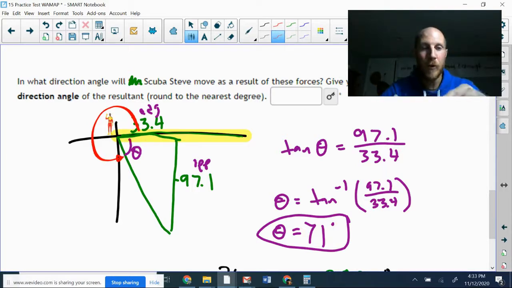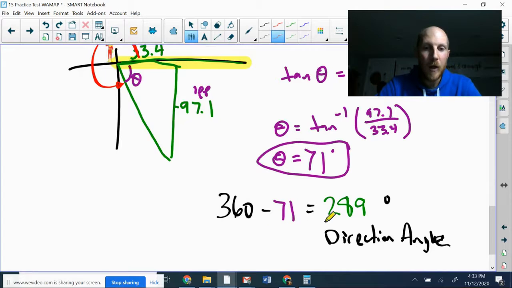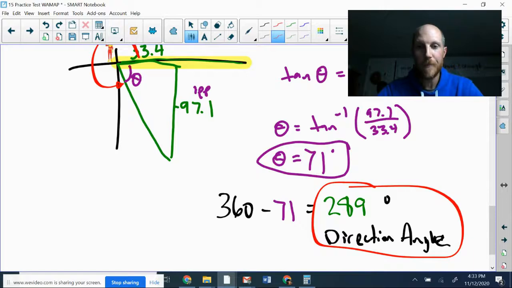So just pretend if I was to go from the positive side of the x-axis all the way around to the positive side of the x-axis, that'd be a complete circle of 360 degrees, right? But I'm not going to go all the way around. This part inside the triangle, I'm going to omit. So it's like a full rotation of 360 degrees minus that 71 degrees. So my direction angle, I have to subtract. I'm going to get 289 degrees. That is my direction angle.